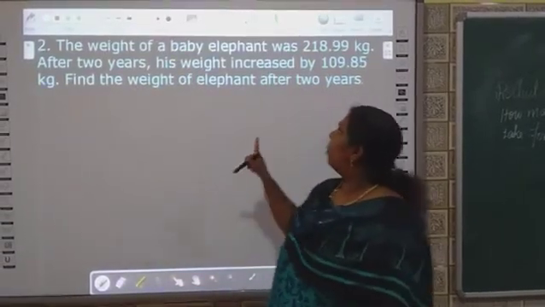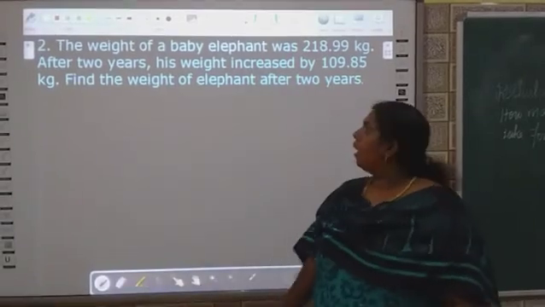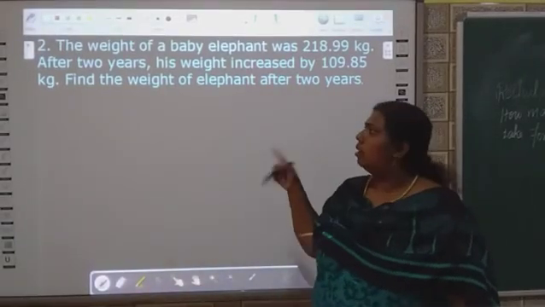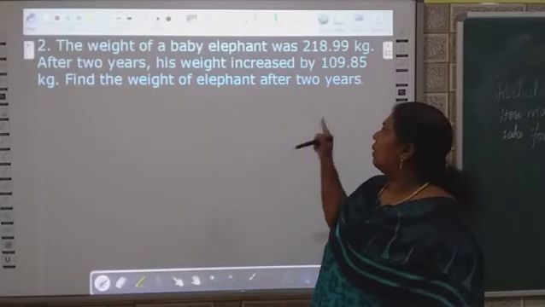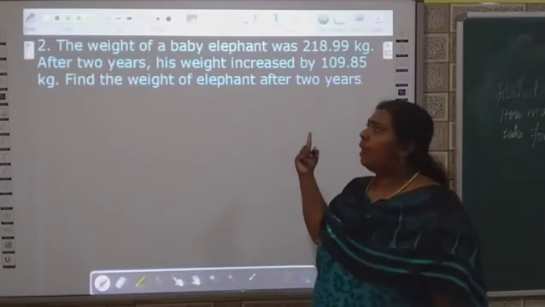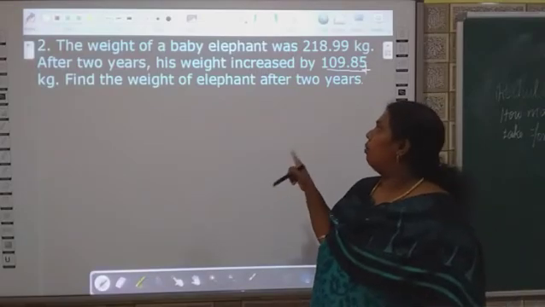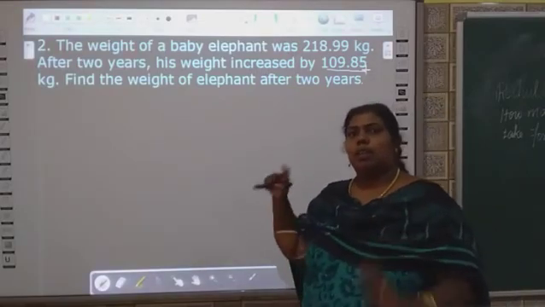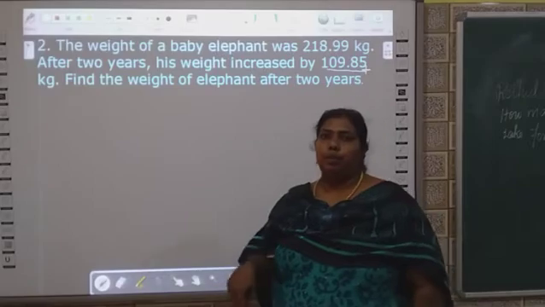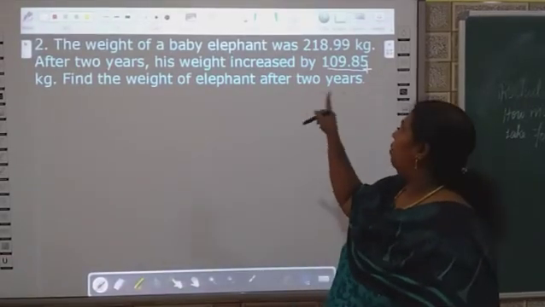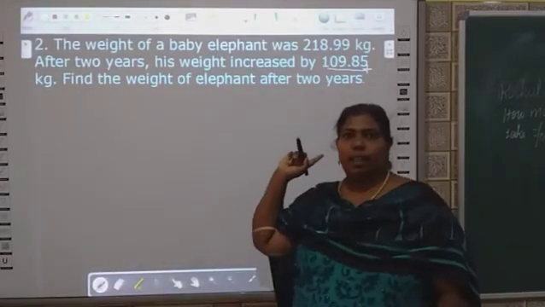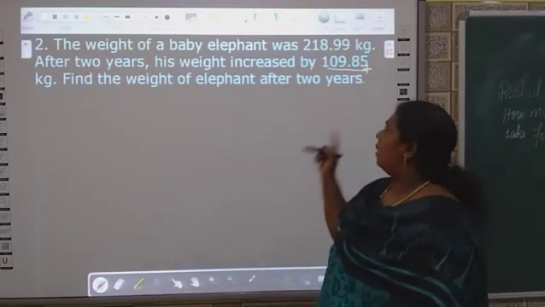See the second question. The weight of a baby elephant was 218.99 kg. Then after 2 years, his weight increased by 109.85 kg. Find the weight of elephant after 2 years. Here which operation we are going to use? Actually the baby elephant weight is how much? 218.99 kg.